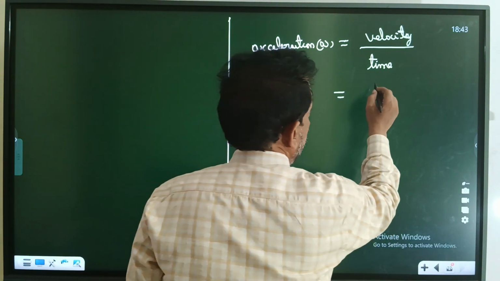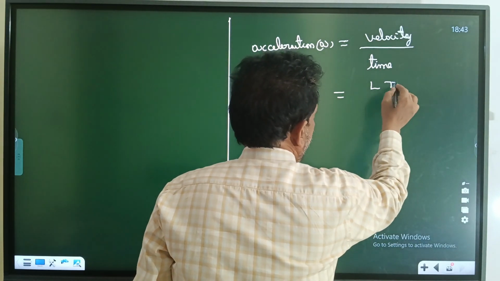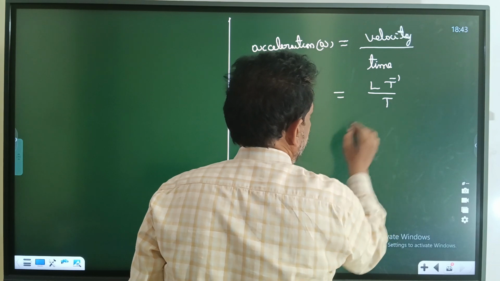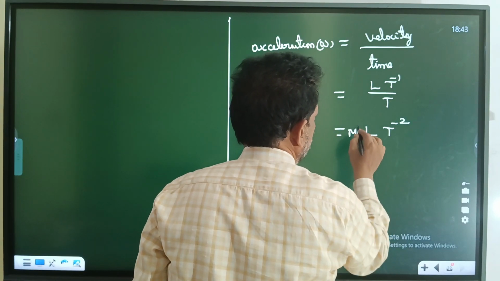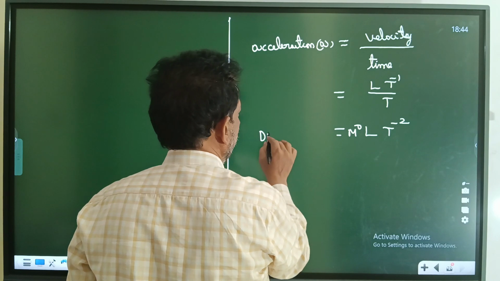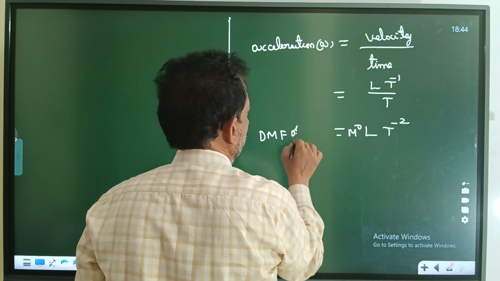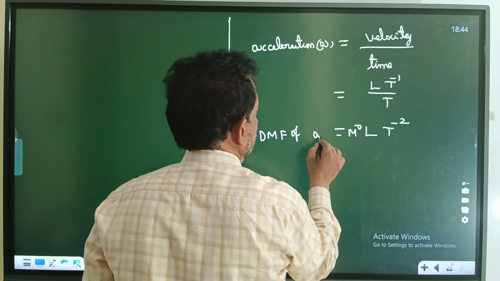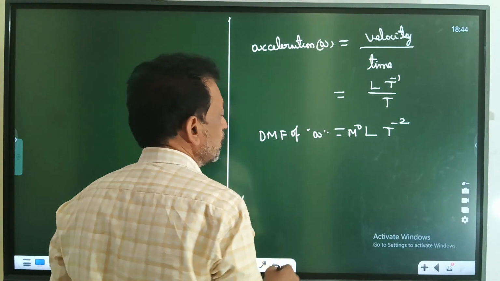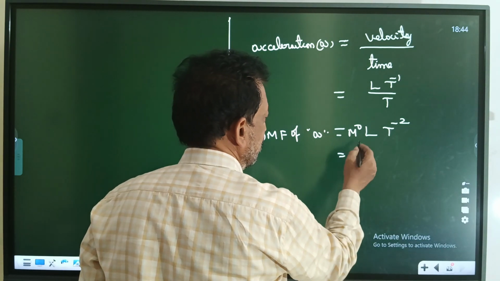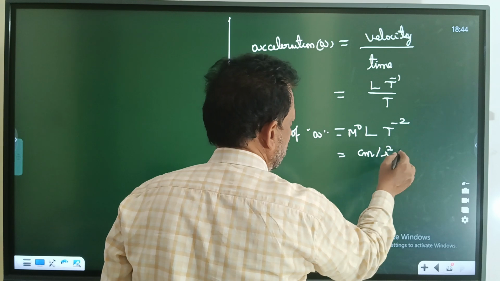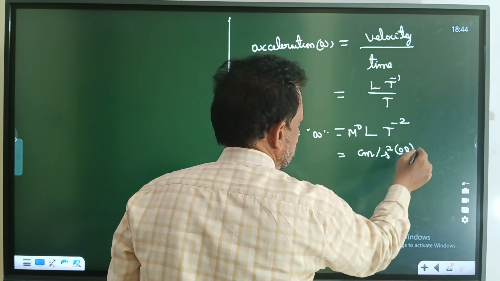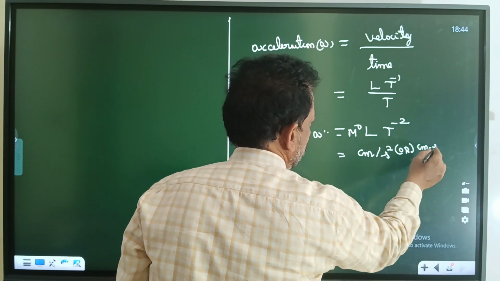What is the velocity? L to the power of minus 1 by t. That gives you L t to the power of minus 2. Mass is zero, so the dimensional formula of acceleration is M to the power 0 L T to the power minus 2. The unit in the CGS system is centimeter per second square, or centimeter second raised to minus 2.